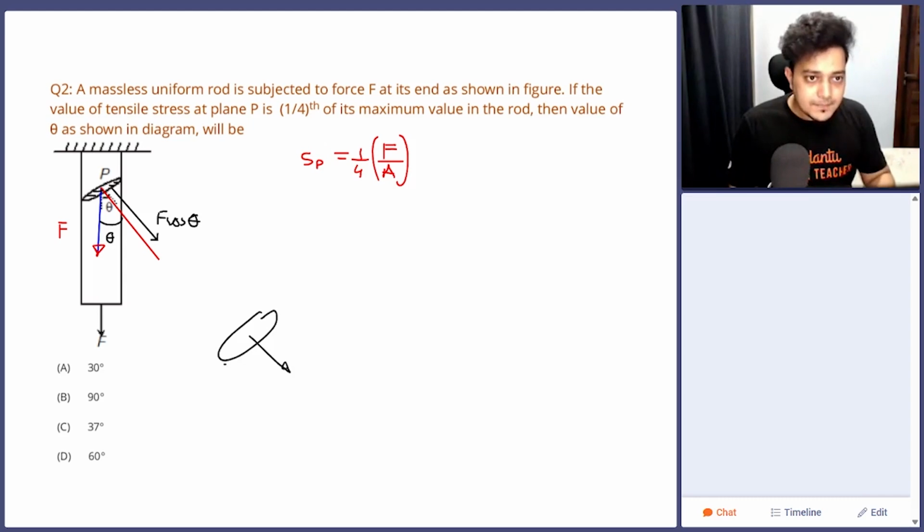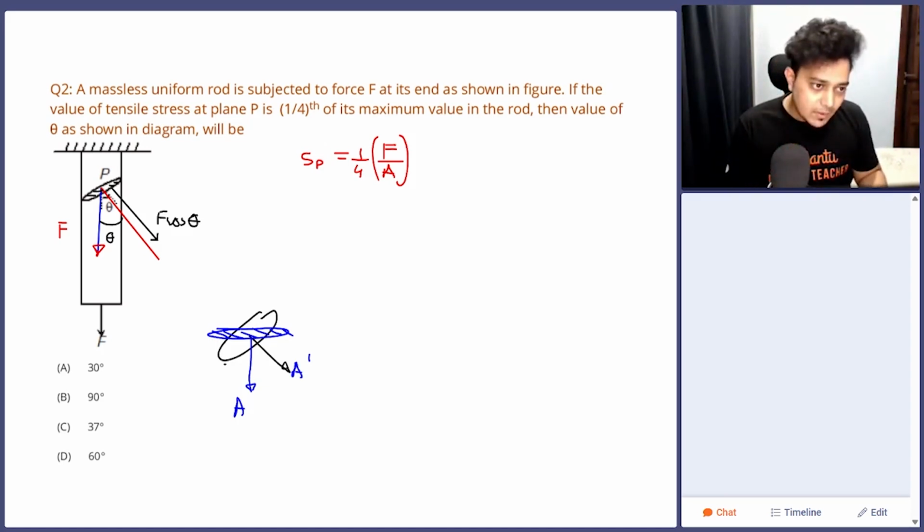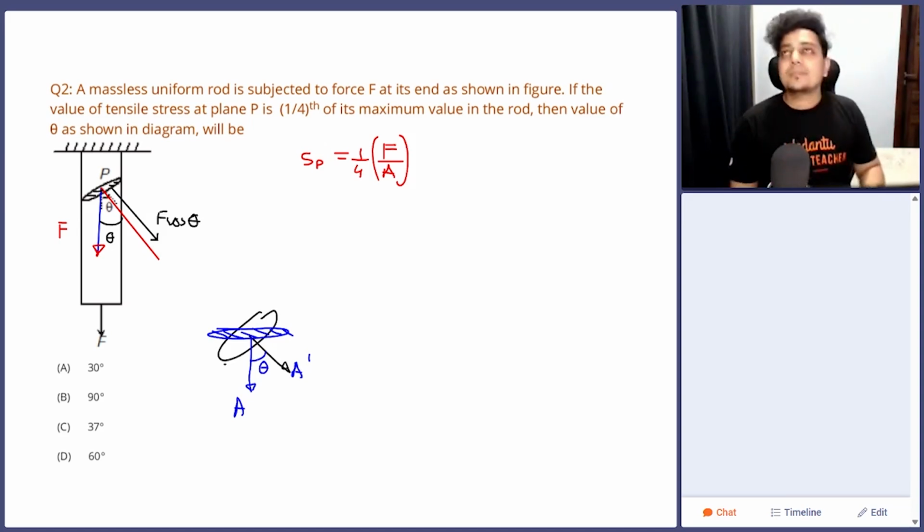this is the cross-section area of the rod, and that area vector, if I show you, is directed like this. But what I want is this area, and let me call it A dash. This angle is already mentioned in the question, so this angle will be theta.